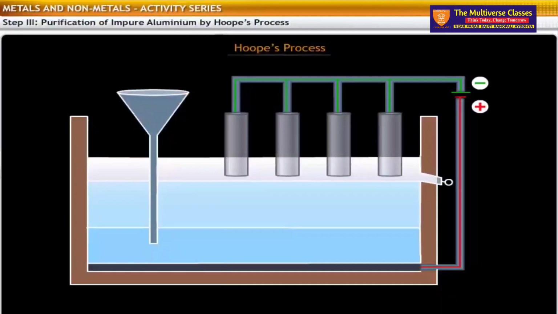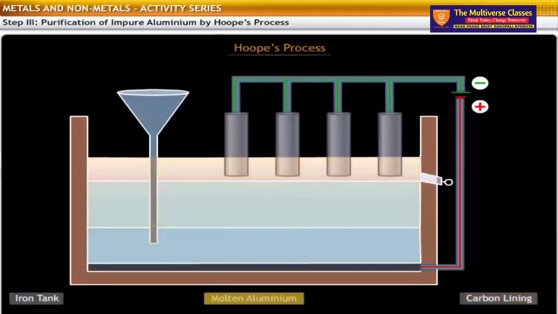Hoope's cell consists of an iron tank lined at the base with carbon, with 3 layers of molten aluminium with different densities to prevent their mixing. The upper layer of the electrolytic cell consists of pure molten aluminium with a series of carbon rods that serve as the cathode.